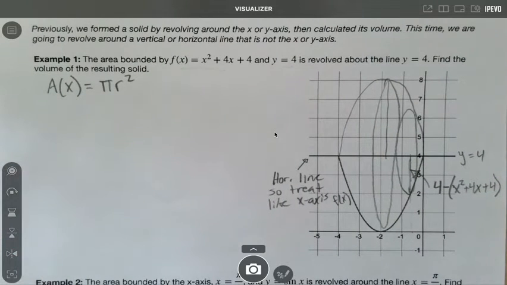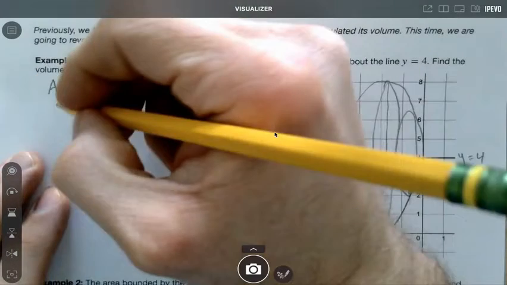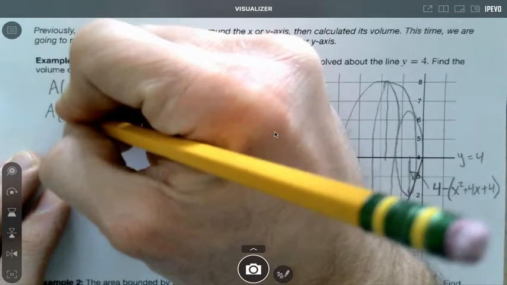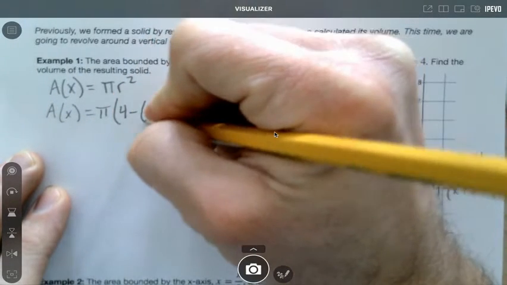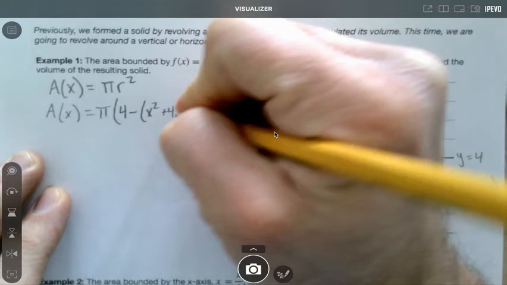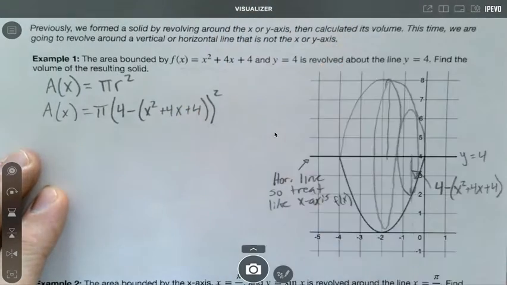That's the only thing. So when the axis I'm rotating around moves above, I have to find the difference. So this function here is really going to be pi times 4 minus x squared plus 4x plus 4, squared.